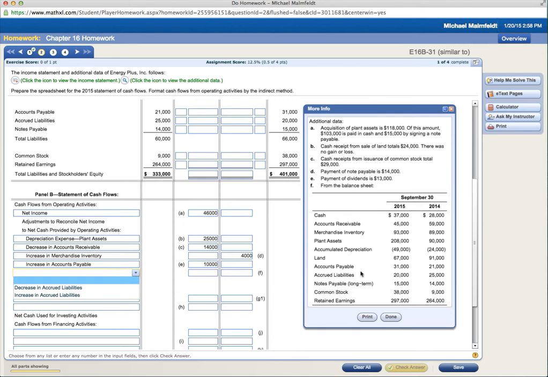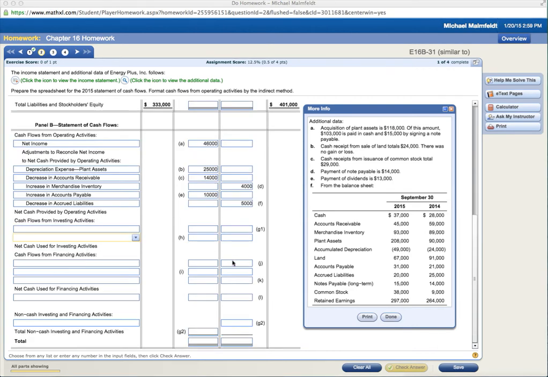Okay, so since accrued liabilities decreased, we want to put that there, and since we paid out cash that's not reflected in this $46,000 number, we need to show a debit to cash for this reduction of liabilities, and that is where that goes. Okay, so that gets us down to our net cash provided by operating activities, which it's not asking us here to fill in, to do the math here to fill that out, but that's where that would go right there.